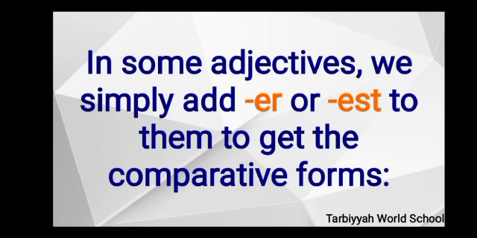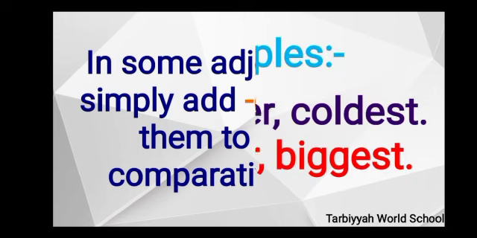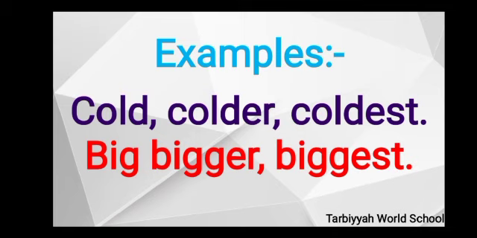In many cases, we usually add er or est to get the comparative forms. For example, cold, colder, and coldest. The second one, big, bigger, and biggest. Like this, we add er or est.